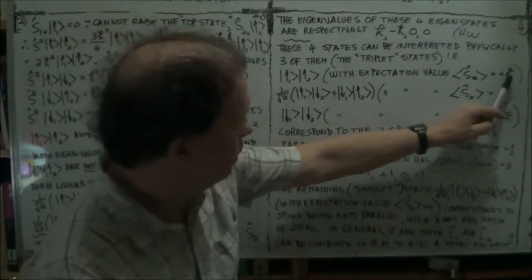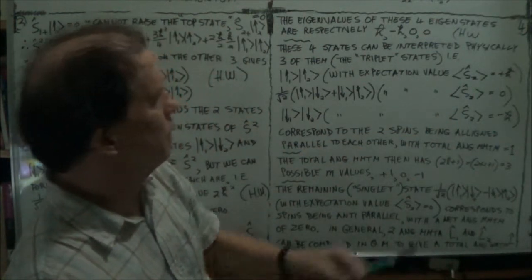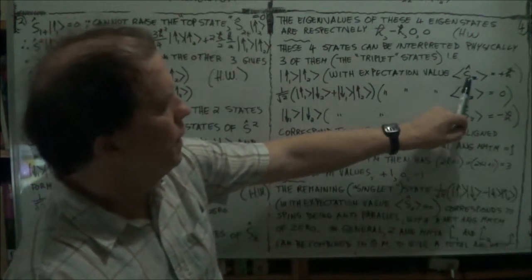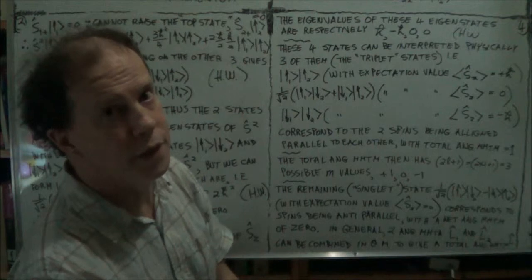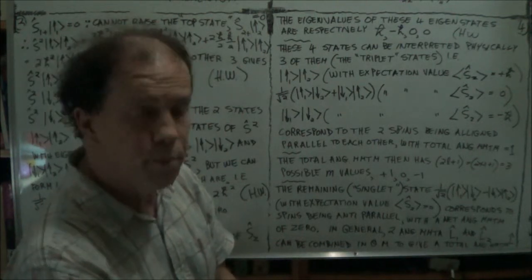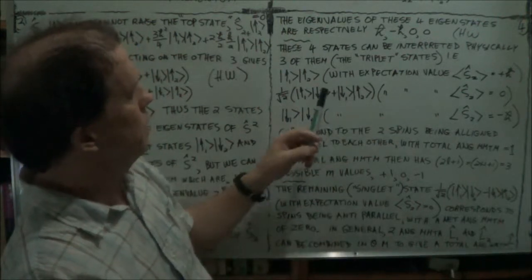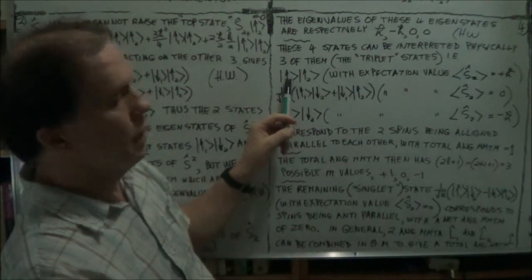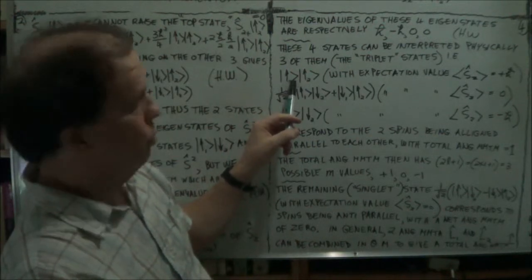And you'll get plus h bar. I can almost do that by inspection. Look, S_z is S1z plus S2z. Now S1z acts on this one and gives you an eigenvalue of h bar over 2.